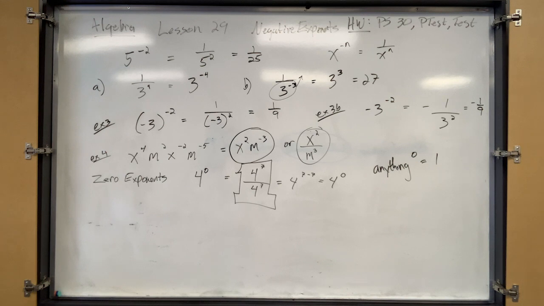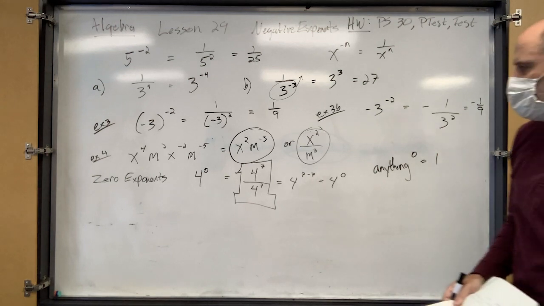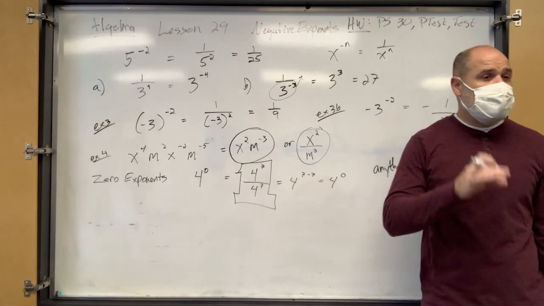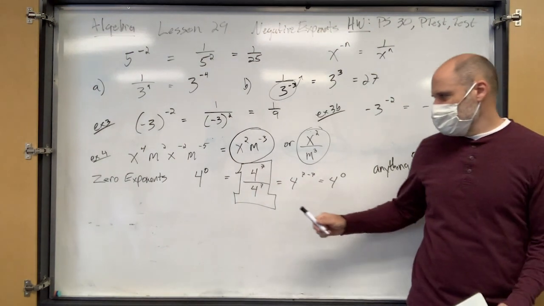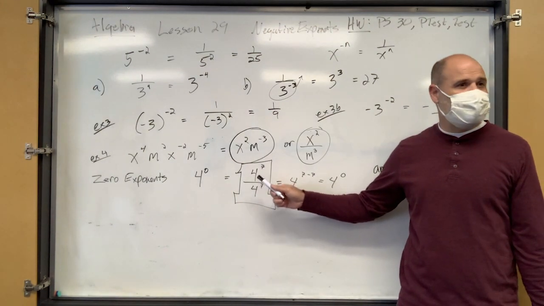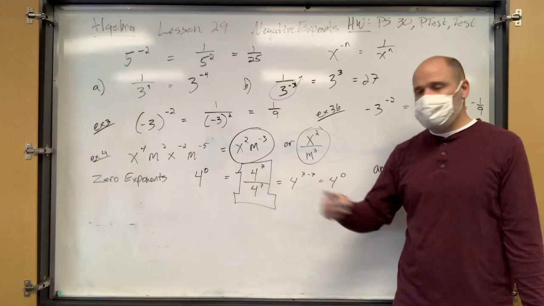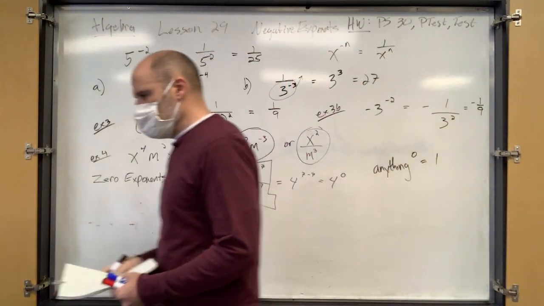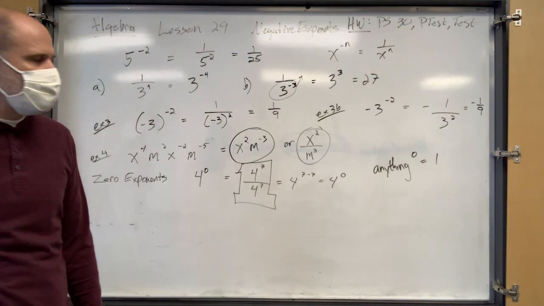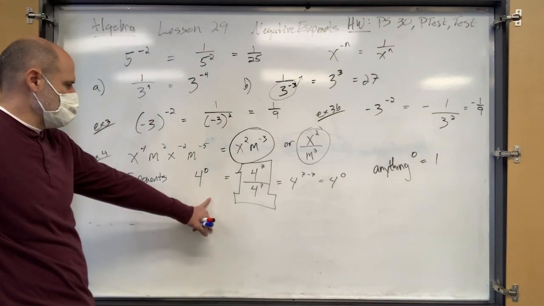So the way you can think about it is it's not how many times you multiply 4. It's not how many times you divide 4. It's if you multiply and divide at the same time, everything cancels and you get 1. Okay? So you can kind of think of it that way, but this is a good explanation.